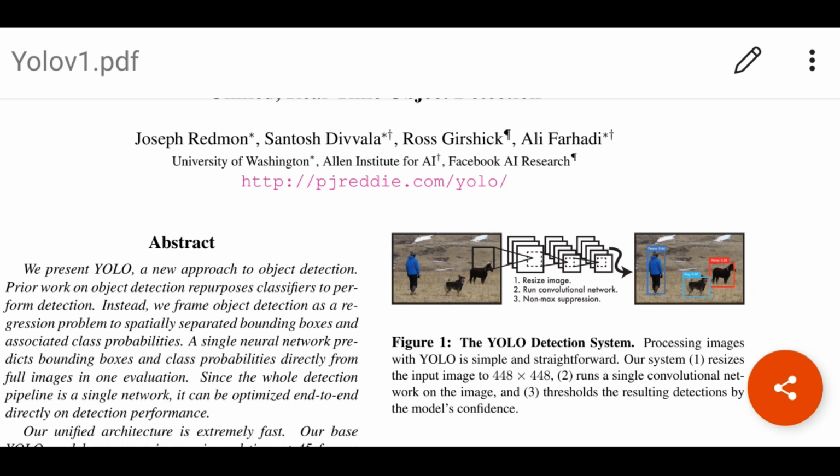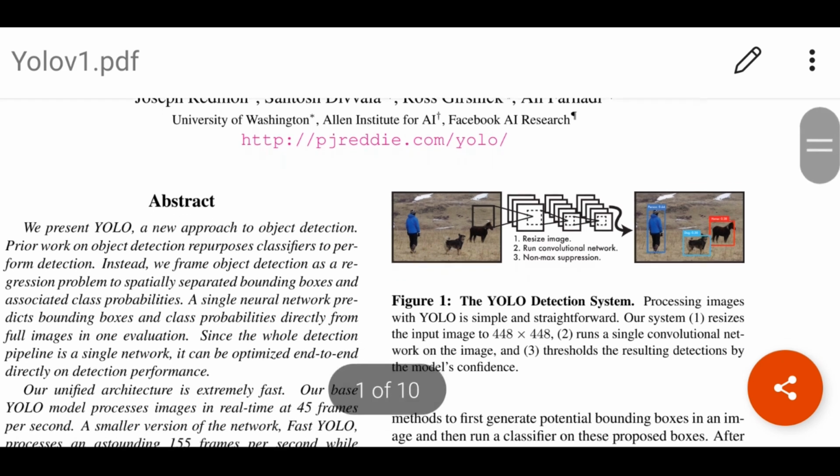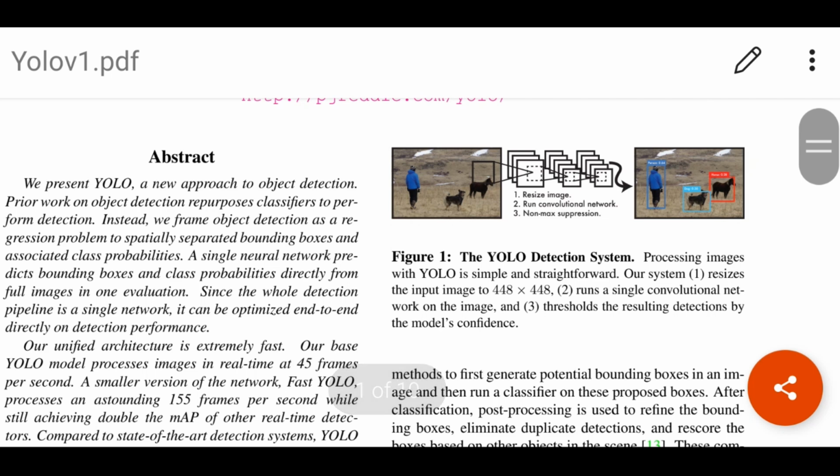YouTubers, bloggers always try to say something, but they memorize, they grab the result from the papers and that's it. We don't understand how it works. So what I'm trying to do here is explain how the papers work, how they design it. In addition to understanding what, I want to understand why.